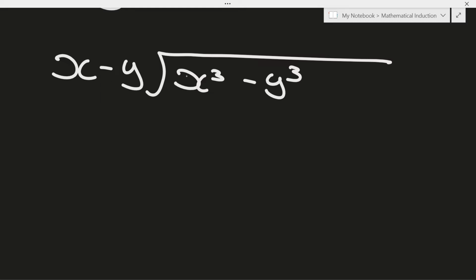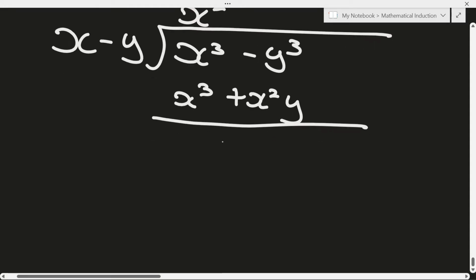So x into x cubed goes x squared times, right? And then negative y times x squared is equal to negative x squared y. But remember, we changed the sign, so it'll be positive x squared y.